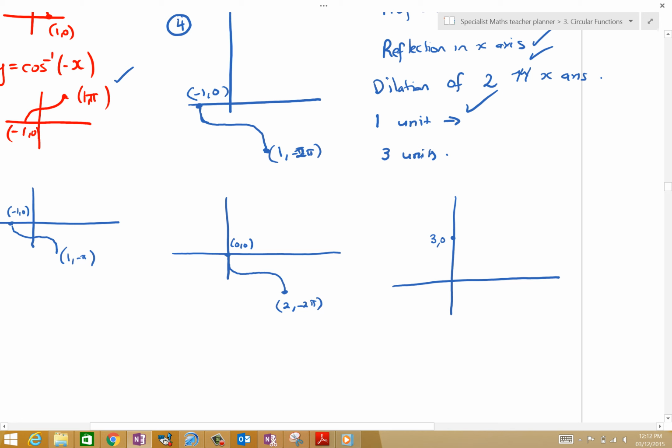Negative 2 pi plus 3, isn't it? 3 minus 2 pi is a negative value. So this is still going to remain as 2, and that is going to be 3 minus 2 pi. There we go, we're done.